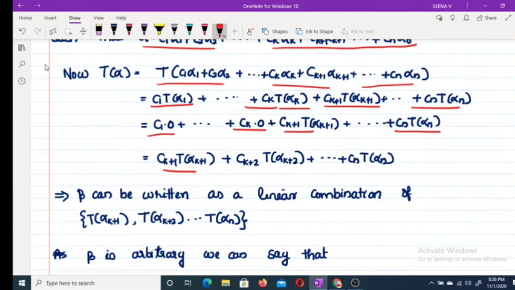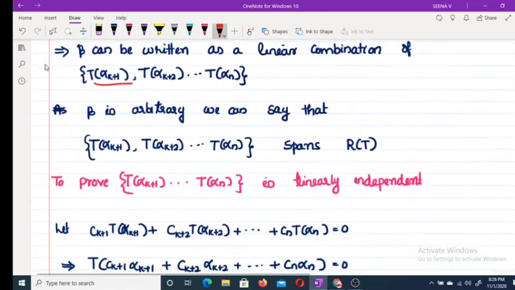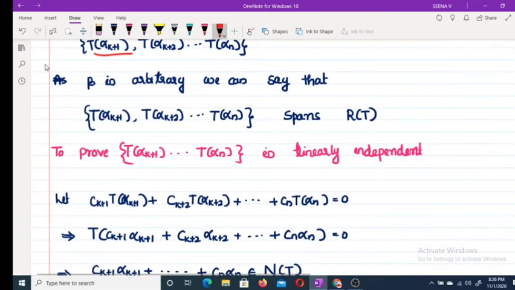This implies that T alpha is a linear combination of T alpha k plus 1, T alpha k plus 2, etc., T alpha n. That is, beta can be written as a linear combination of these. As beta is arbitrary, any vector you can write as a linear combination of these elements. That means this set spans the range of T.